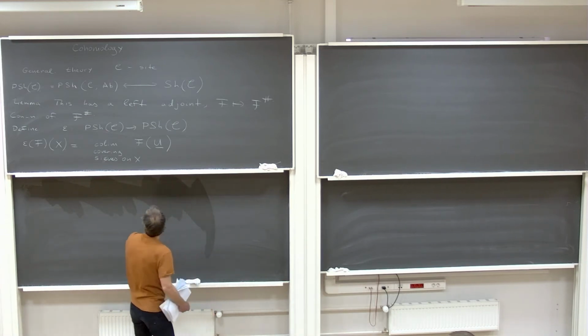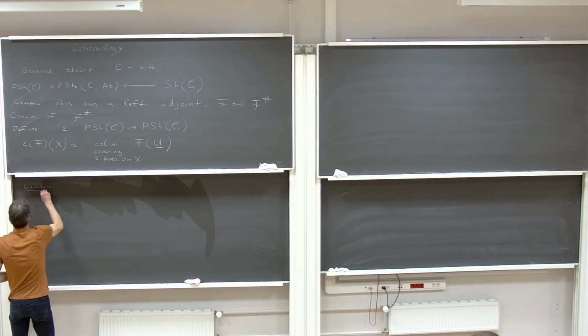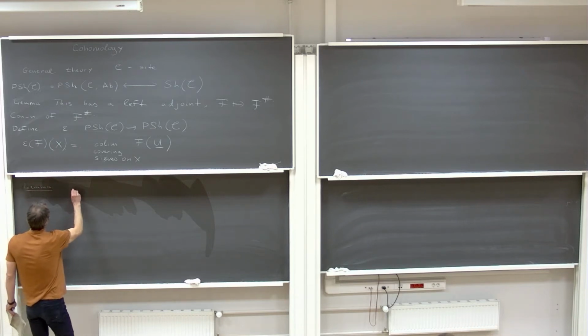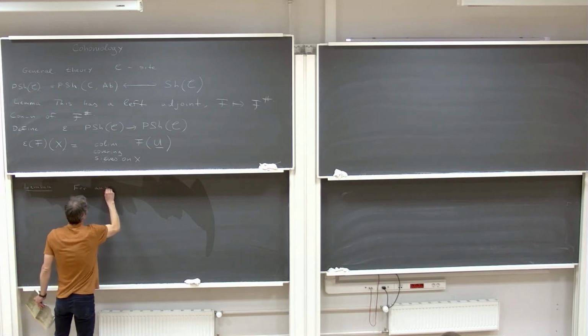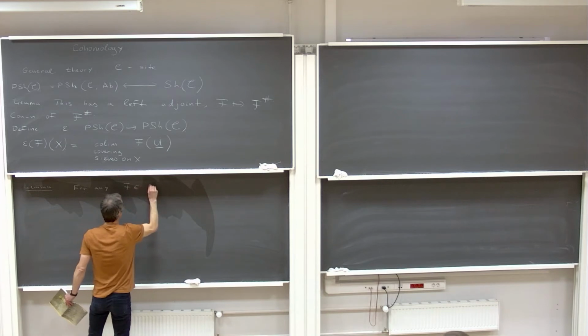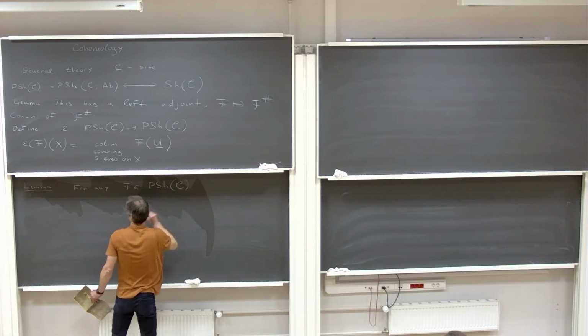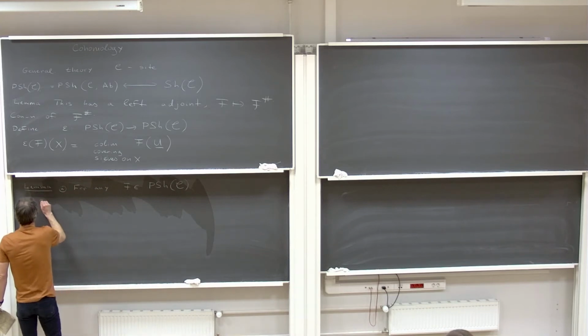Okay, so now a lemma, which is that if for any presheaf f, epsilon of f is separated.